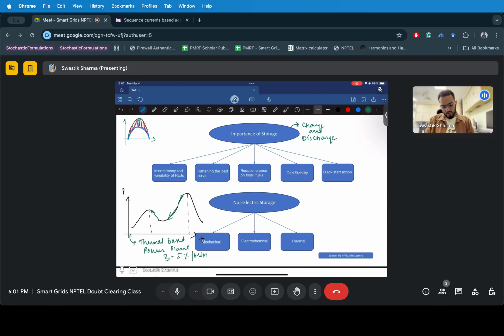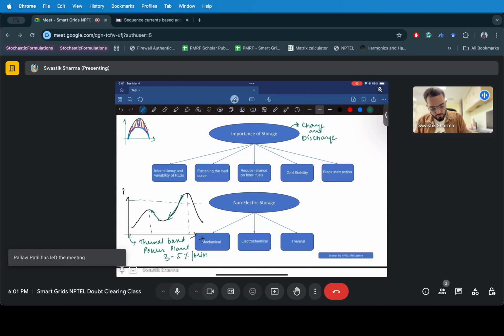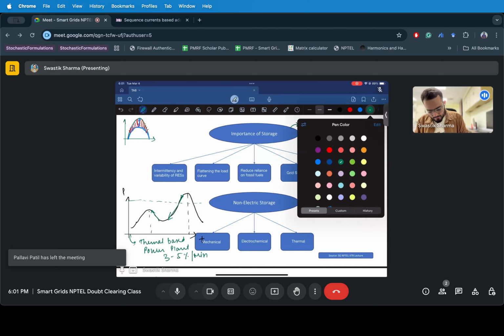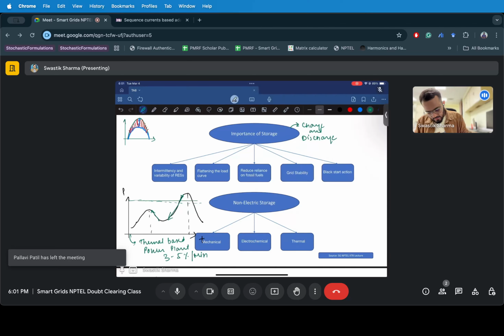So for this, what you can do is you can have a sort of battery which can discharge it. So let's say you want to have a flat load profile. That means you want to experience something like this, right? A flat load profile in essence is not something that you can have.